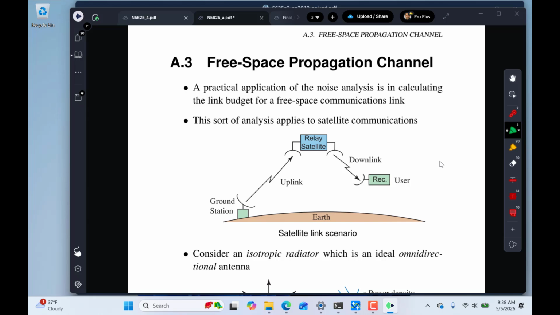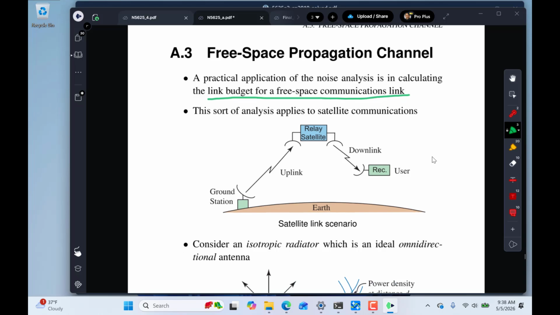So in SATCOM or any type of comm, you always have a link budget. And the link budget brings together these things we've been talking about in this appendix. And that's why we go through the appendix, because a link budget is always there in a comm system. You will bump into it, maybe not immediately, but somebody will say, well, is this going to work? Is our link going to work? So you'll need to be able to have this sort of modeling available.